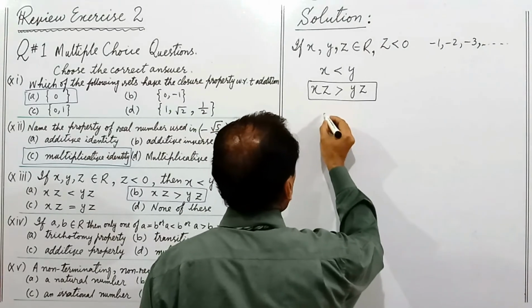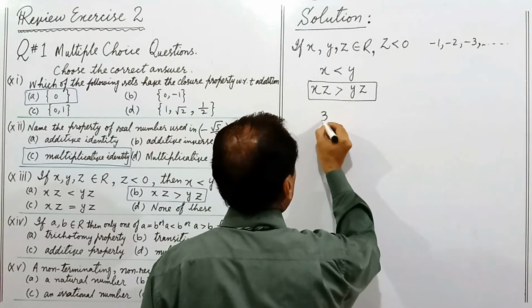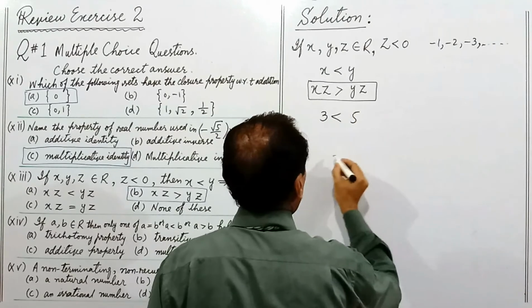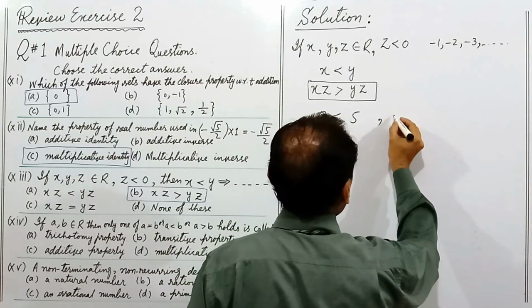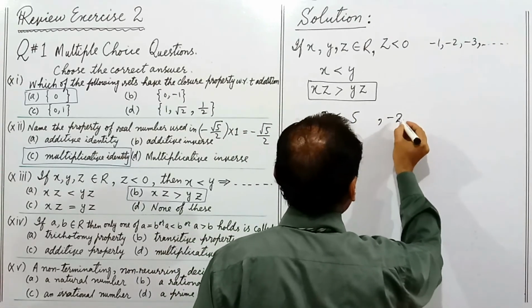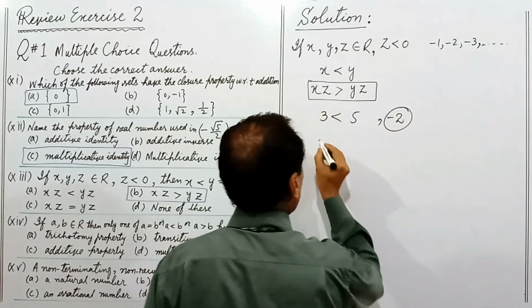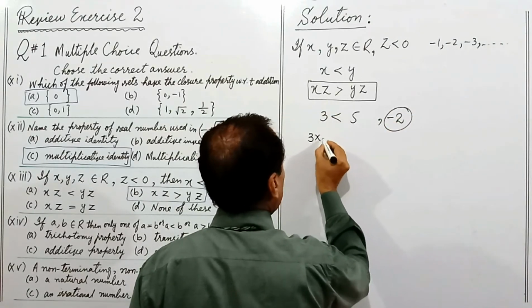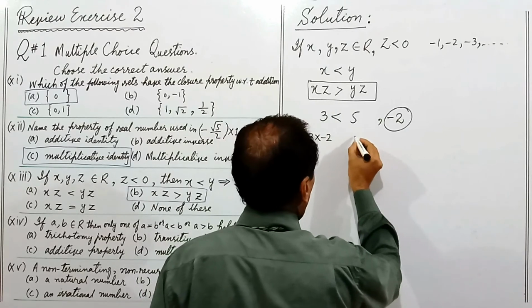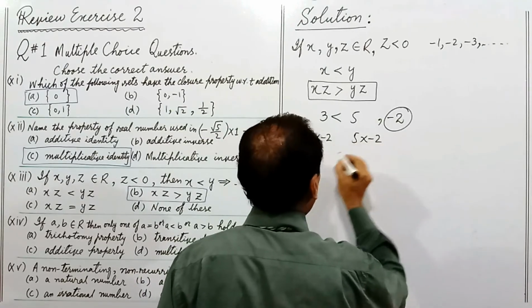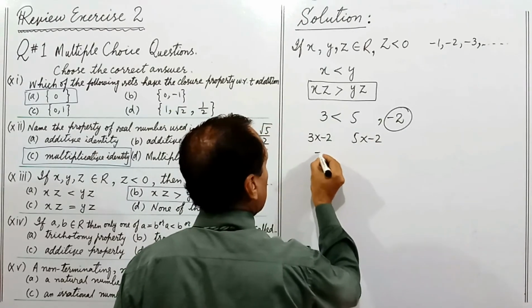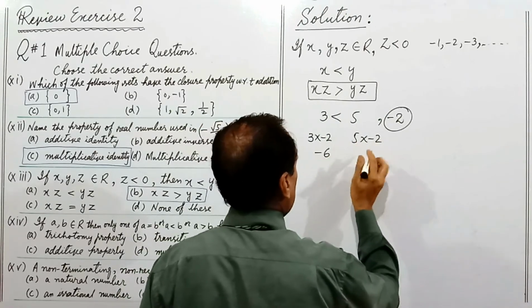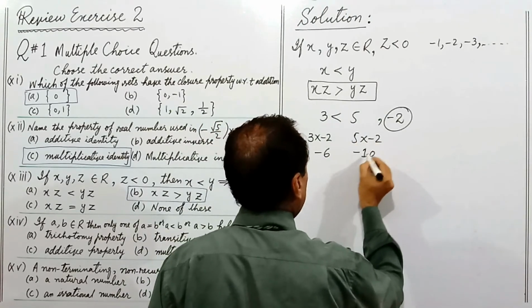We have an inequality like 3 is less than 5, and we have a third number, minus 2, which is to be multiplied to both sides. So when it is multiplied, 3 multiplied by minus 2 is minus 6, and 5 multiplied by minus 2 is minus 10.